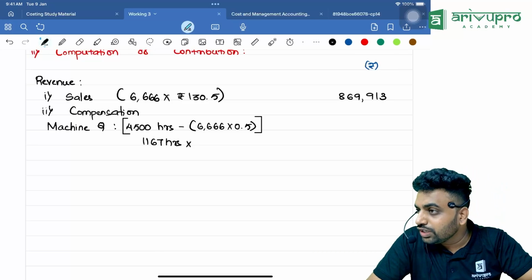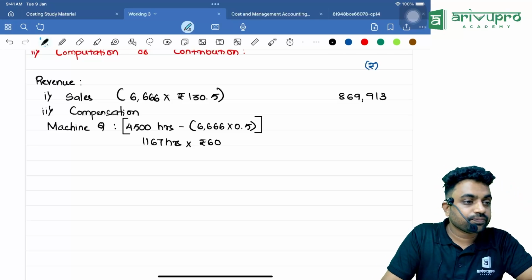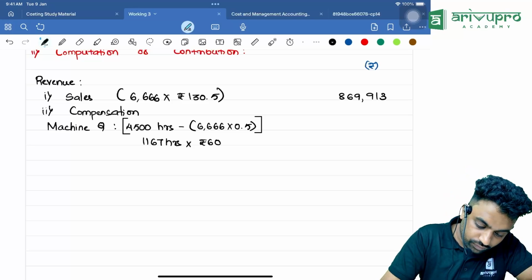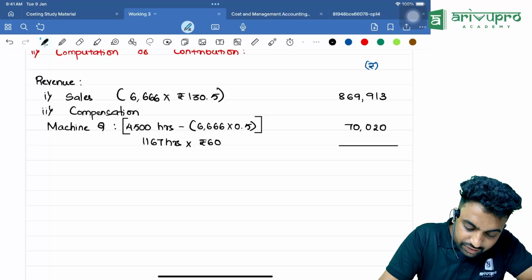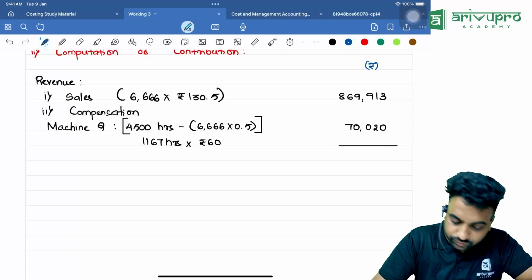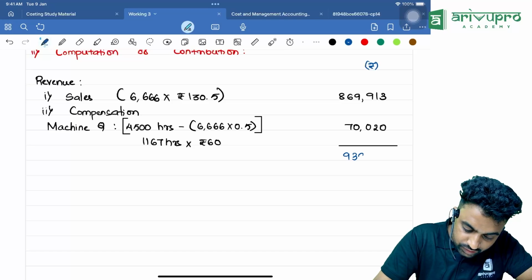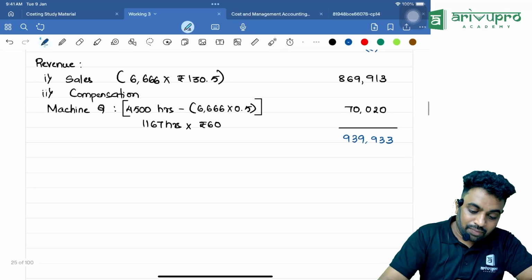For those unutilized hours, they are giving us a compensation of 60 rupees per hour. That is 70,020. So our total revenue would be 9,39,933. That will be your revenue minus cost.